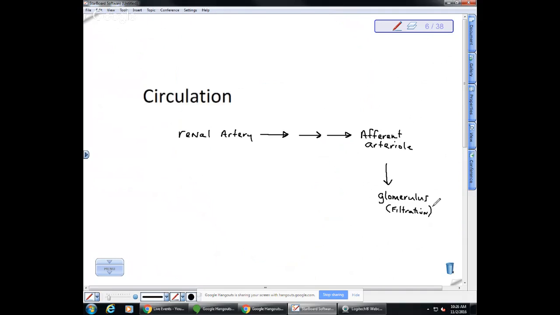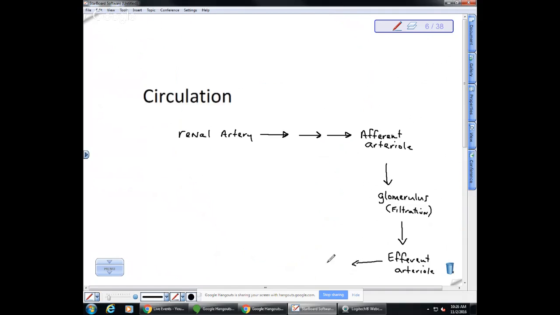So the blood that doesn't get filtered out, the blood cells hopefully don't get into the filtrate, and lots of the other fluid doesn't actually get into the filtrate. It will leave via the efferent arteriole. Right? And then it actually branches into some other capillaries.